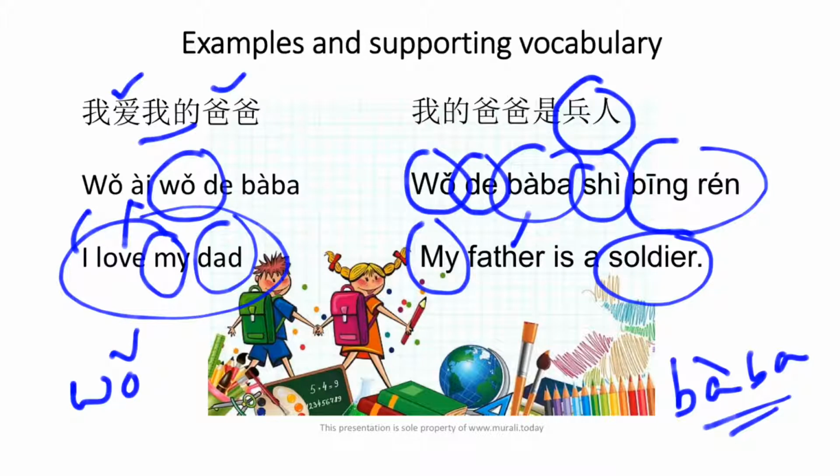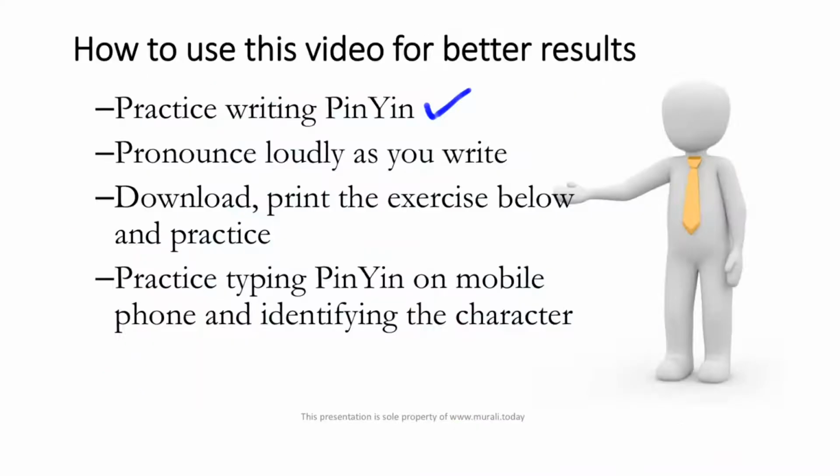Then you remember those things, and going to the next slide again: practice writing pinyin, pronounce loudly as I was writing right now, and also download the exercise in the next slide so that you practice it better, more and more every day, and practice typing pinyin on the mobile phone, which the video will be shown below in the description afterwards.